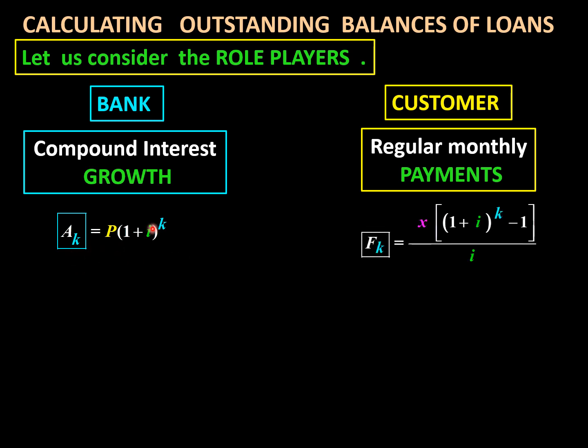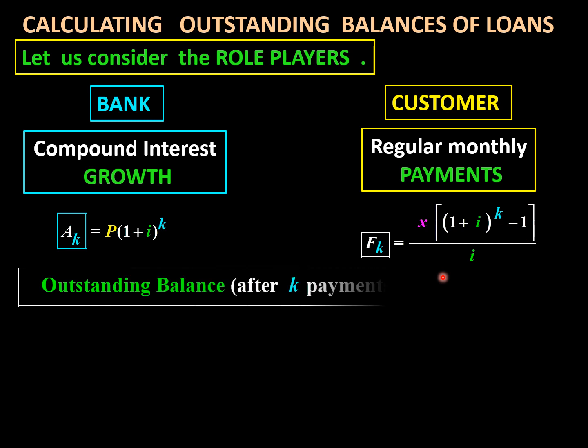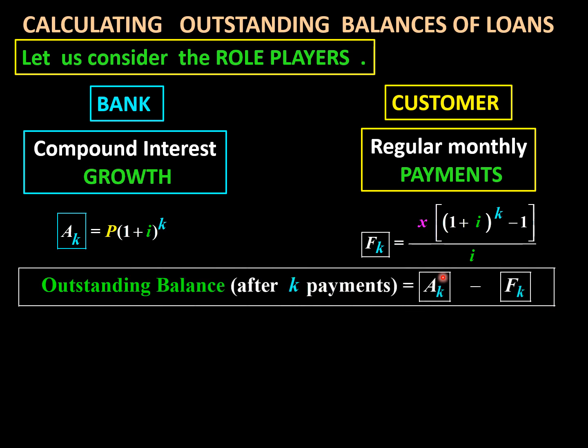And these are payments, so she's paying this until, so that's the sum of all her future payments. Then we can calculate the future value of all her payments up to a certain point. Then the outstanding balance is thus the difference between the A and the F. In other words, the growth of the loan minus the future value of all the payments.